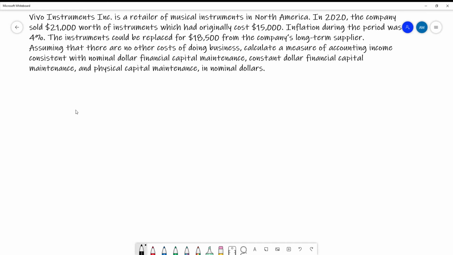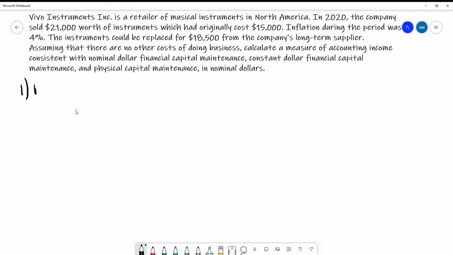Alright, so let's do the first one here. So we'll calculate profit under nominal dollar financial capital maintenance. Here we report profits after recovering historical costs in nominal dollars. So we'll just consider this cost, $15,000, in this profit calculation.